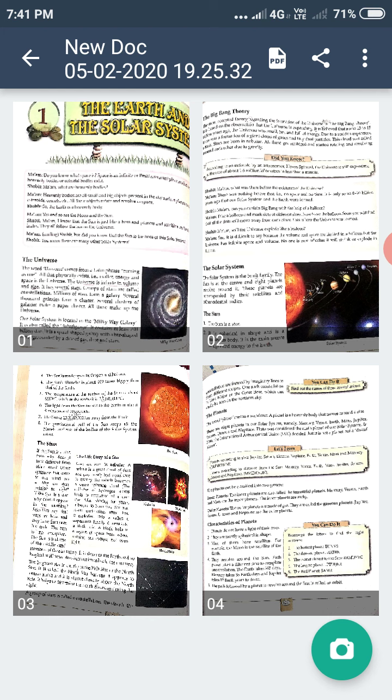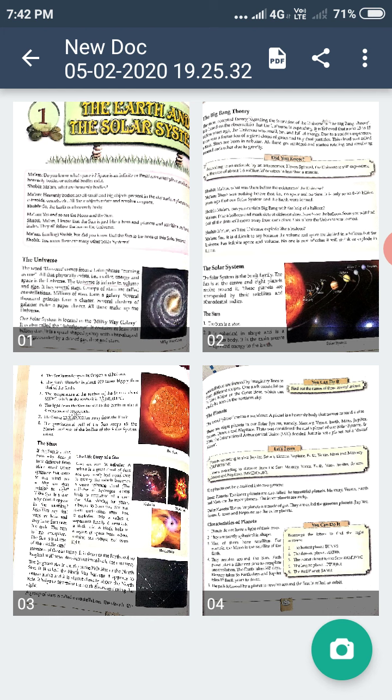Millions of stars together form a galaxy, and several thousand galaxies form a cluster, and several clusters of galaxies make a supercluster, and all these make up the universe.